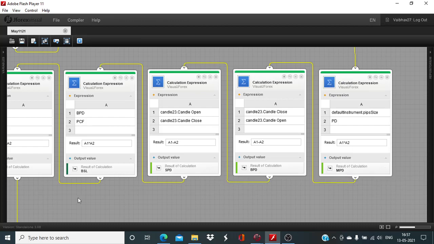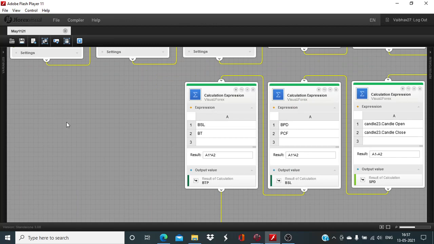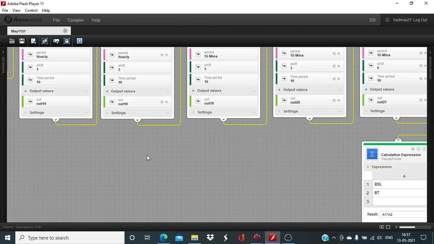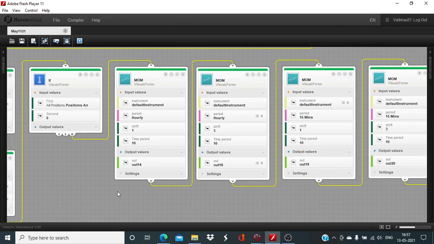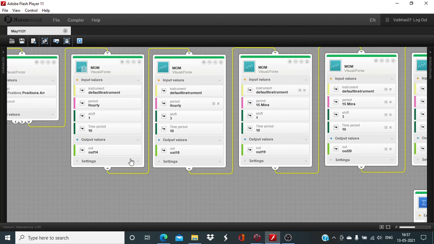So this is going to be one of the crucial conditions. And with that, we want to compare these out 14, out 18 values, whether these values are below zero and whether these values are on decline or not.